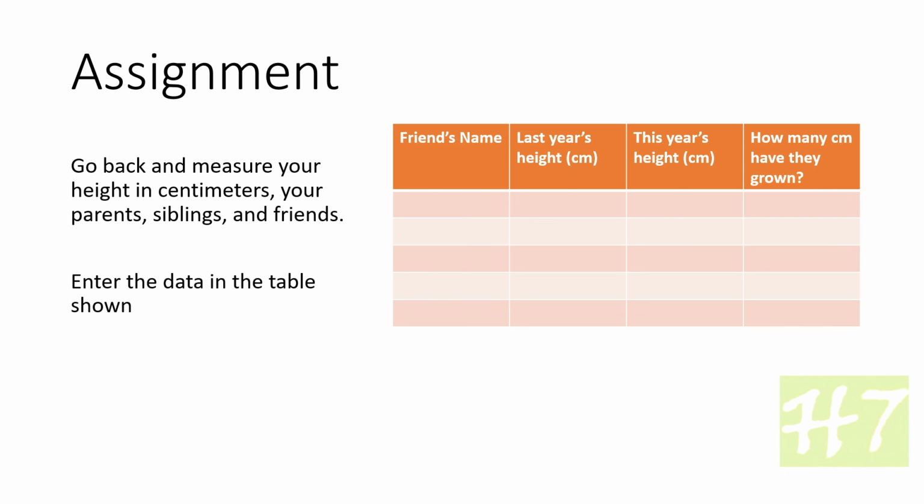Ask them, and if they don't know, ask them to get last year's height in centimeters, then you measure this year's height in centimeters, and you will get the data required for the next session. Okay, this is the data. Based on this data only we will be asking some questions or tasks.